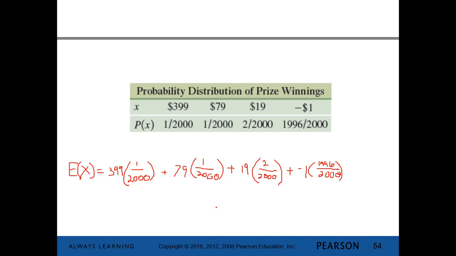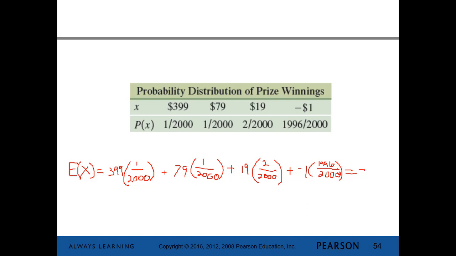And here's the idea. If you were going to do this raffle over and over again, and you paid your dollar over and over for a long period of time, of course you're going to win some and lose some. But after all of this time, let's say you did this 1,000 times, what would your expected earnings be?